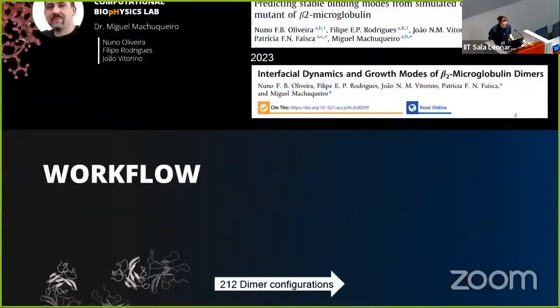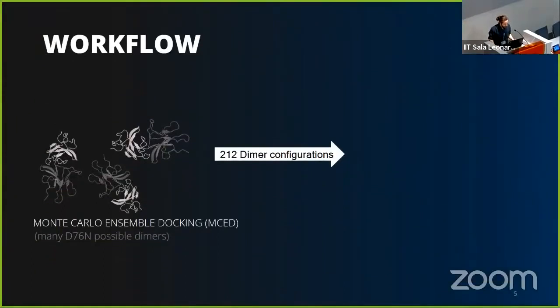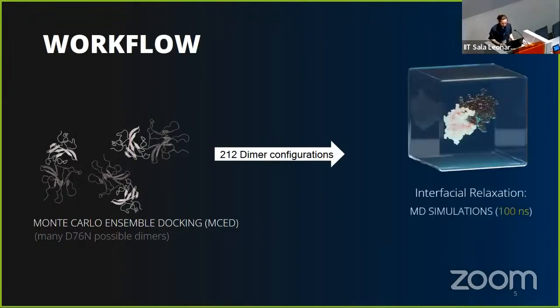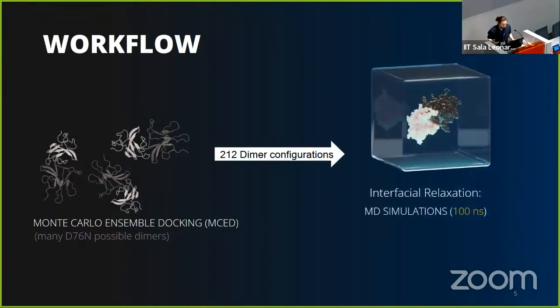We used Monte Carlo ensemble docking methods that Professor Patrícia Faísca had previously created to generate thousands of these dimer configurations. And using a stability cutoff, we selected 212 dimers which were plausible. And then, to assess their stability, we went on to do an interfacial or structural relaxation of these dimers with short MD simulations.